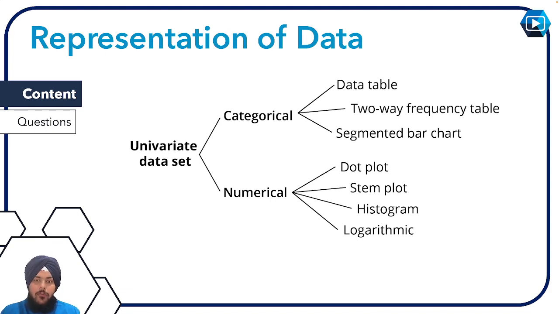For categorical variables, we can represent the data in the form of data tables, two-way frequency tables, or segmented bar charts. And for numerical variables, we can represent them as dot plots, stem plots, histograms, or logarithmic histograms.